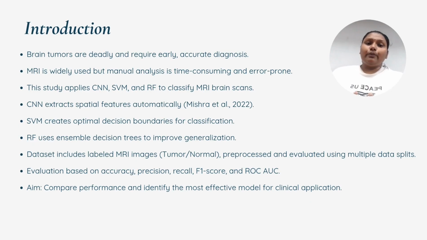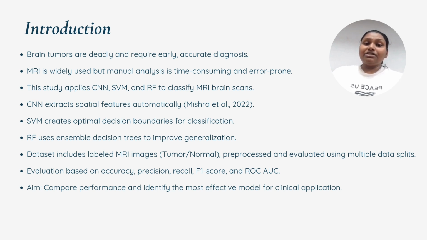Brain tumors are very serious and need to be diagnosed early for better treatment. MRI scans are commonly used to find tumors, but reading these images manually takes a lot of time and can lead to mistakes. Our project focused on using machine learning to help with this problem.